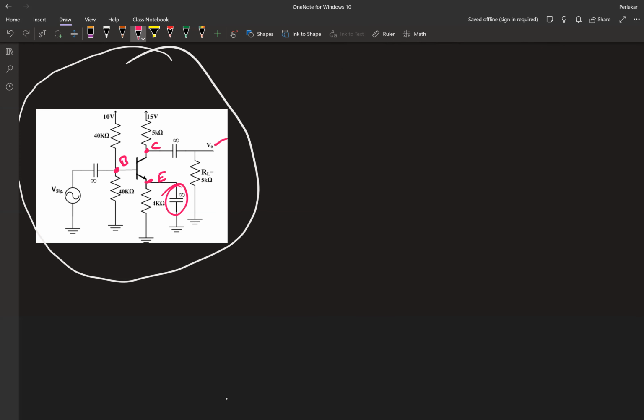Now, the first part, we have to do the DC analysis. In DC analysis, I'm going to replace these two resistors on the base and that voltage source with a single source and a single resistor.